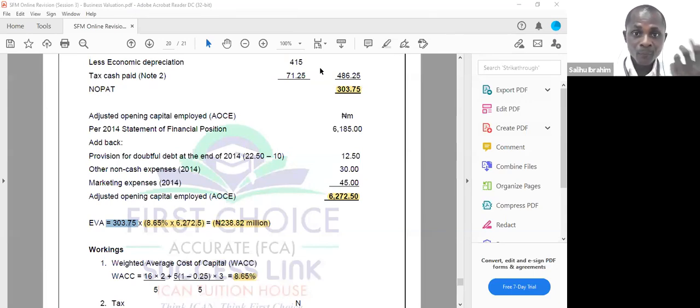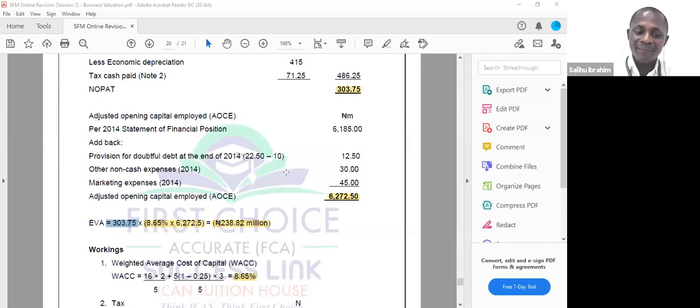Now, if you look at requirement B, it says regardless of your answer in A. Why do you think the question says that? The question says that because you are going to have a negative EVA here.